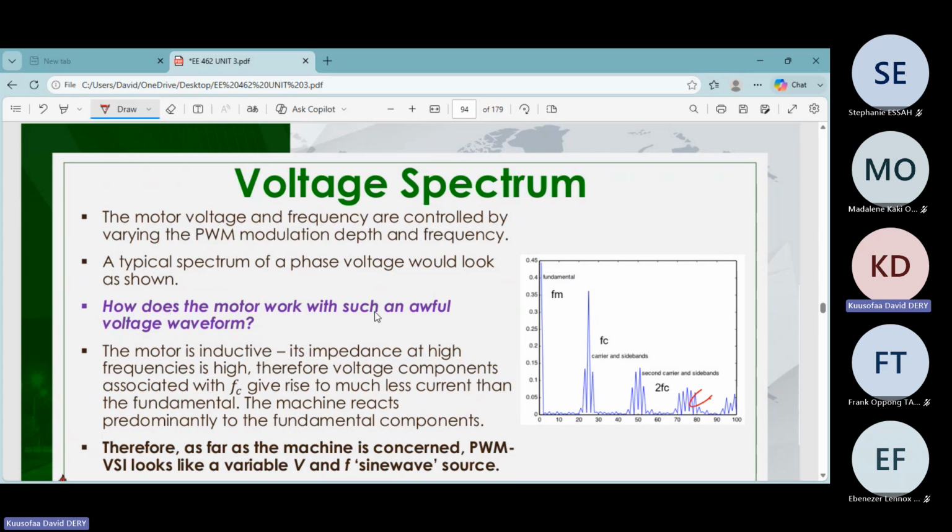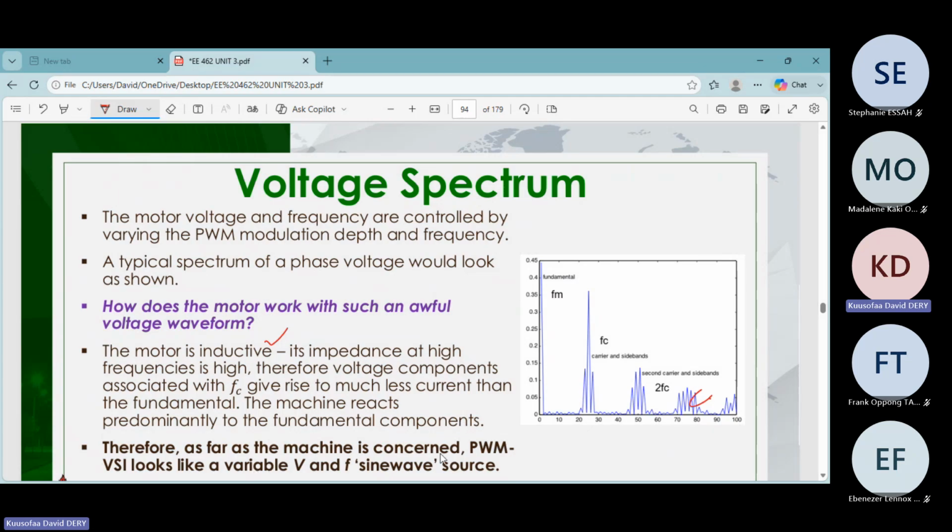So how does the motor work with such a pulsating voltage waveform? Well, we know that the machine is inductive, so the inductance will filter out the higher frequencies and leave the fundamental component to go to the windings. The motor is inductive and its impedance at high frequency is high. Therefore, the voltage components associated with the higher frequencies give rise to much less current than the fundamental, and the machine reacts predominantly to the fundamental component.